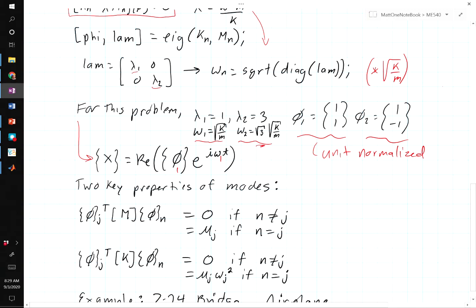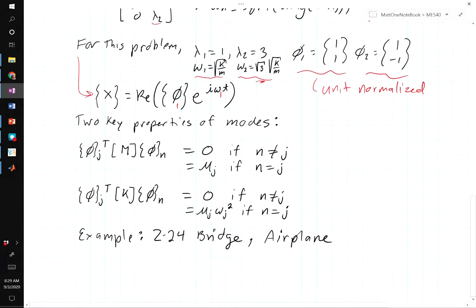All right, so those are the two modes of the system, and they're two fundamental solutions to the system. The modes have an important property, which is that if we take any mode in an n-degree of freedom system, if we take the jth mode and the nth mode, and we take phi transpose m phi, that will equal 0 if n is not equal to j.